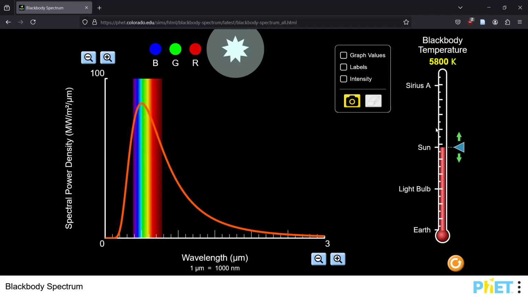Okay? So it's what's called a black body, something that doesn't reflect any light. It absorbs all the radiation and then re-emits it as heat or as light. A great example of a nearly perfect black body is the sun, for instance. The sun absorbs radiation, it doesn't reflect, and it emits its heat as light, like an oven.